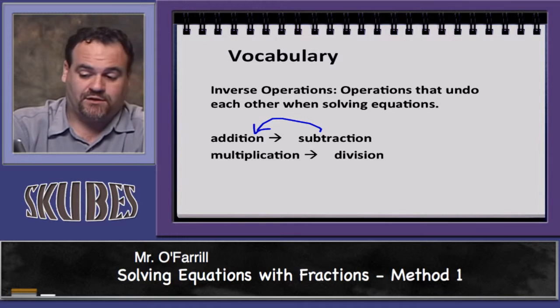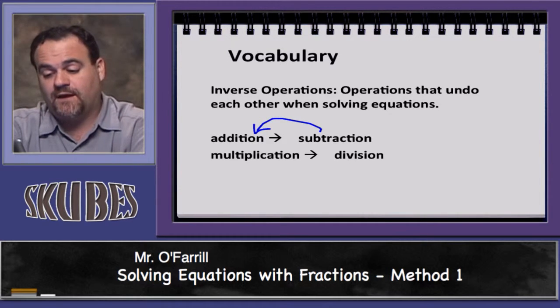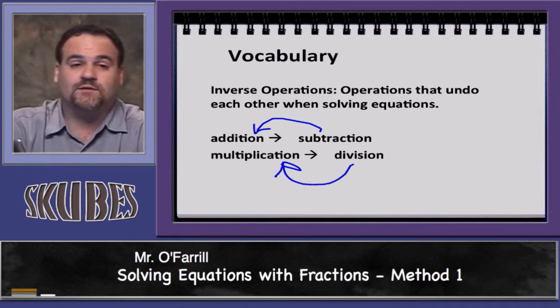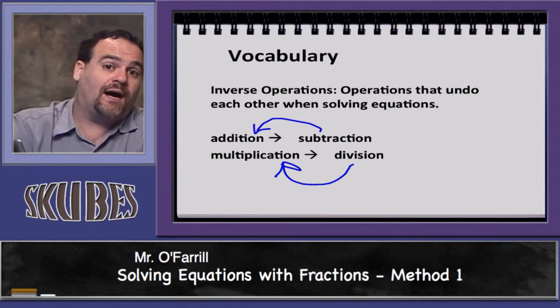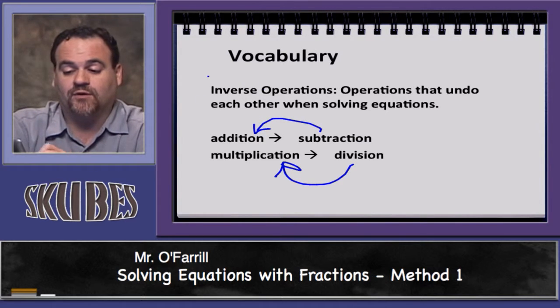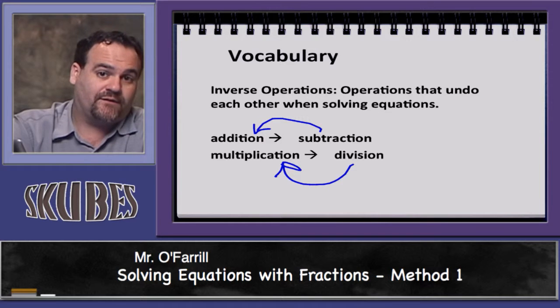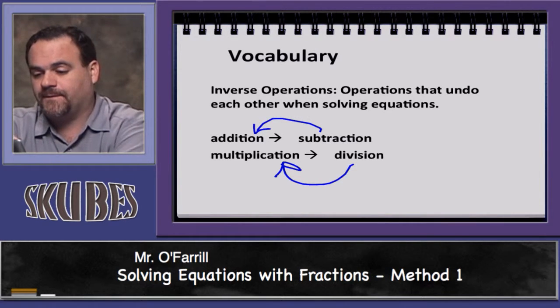Subtraction, the opposite is addition. Multiplication, the opposite is division, and the opposite of division is multiplication. Whatever you see happening, you just do the opposite one, or the inverse of that operation, in order to get rid of it, because that's how we're going to solve any algebraic equation.